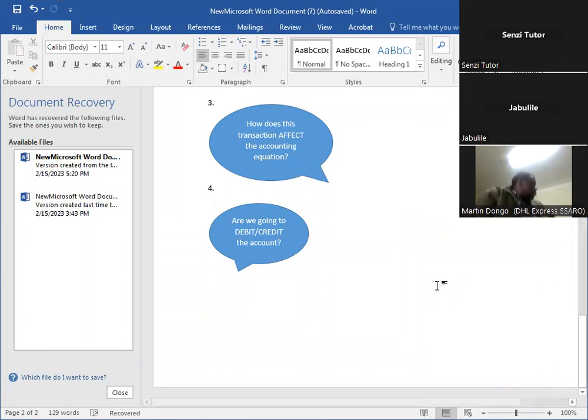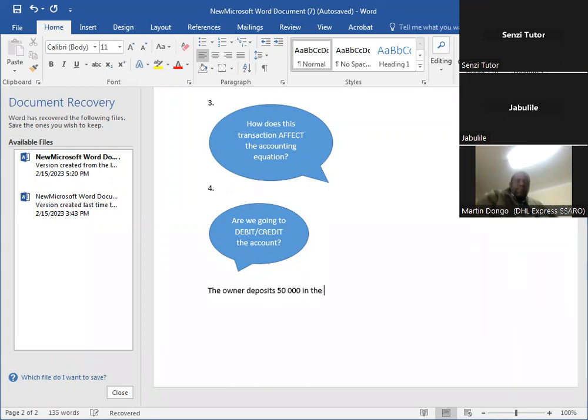All right. The first transaction was saying the owner of the business deposited. Okay, the owner deposited how much money? Right, let me just write it. Deposit 50,000.